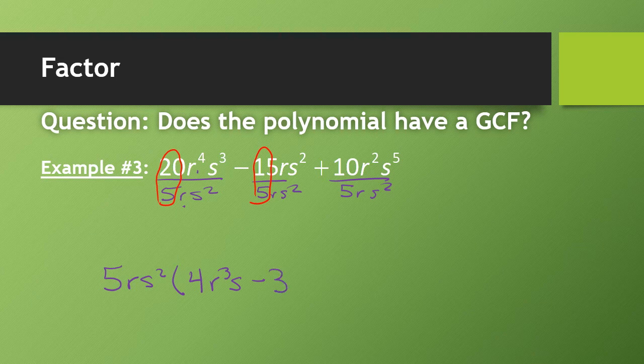I have an r and an r, which cancel each other out and reduce down to 1. And an s squared over an s squared also reduces down to 1. 10 divided by 5 is 2. R squared over r reduces to r. And s to the 5th over s squared is s cubed.